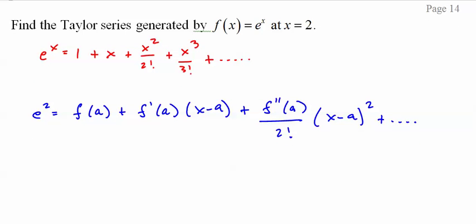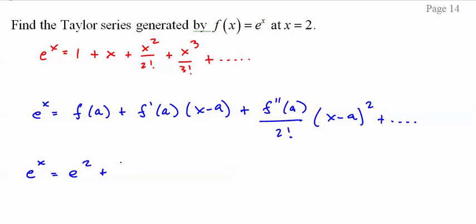So f of a, I put in 2, I get e squared. Seems kind of dumb, e squared equals e squared. So actually we'll do this. And remember, we're saying that it's centered at x equals 2, not that it equals x equals 2. So we can go left and right of there and get pretty close.